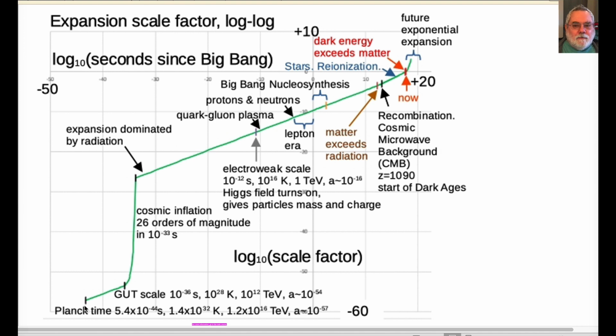Before and at the Planck time, quantum mechanical effects and quantum field theories were as important as gravity, and general relativity must be replaced with a verified theory of quantum gravity. But we don't have one, so physicists do not know what happened in that regime. See also the theory of everything on Wikipedia.